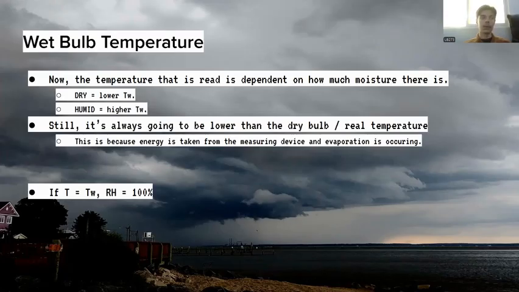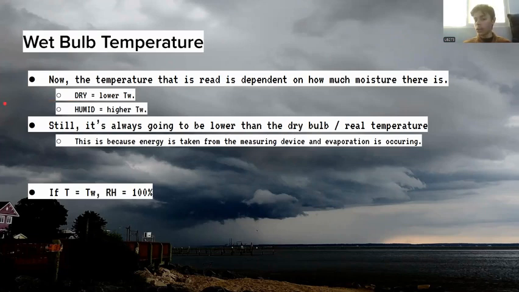The reason is that there's going to be evaporation occurring, which in the last video, remember, we knew was a cooling process. So when it's dry, there's going to be more evaporation, and since it's a cooling process, it's going to make there be a lower wet bulb temperature recorded.